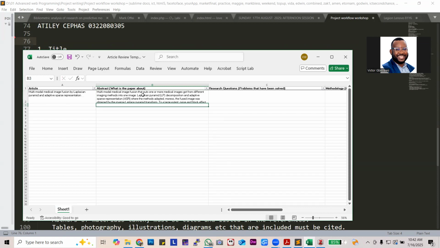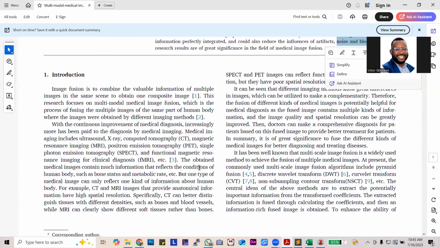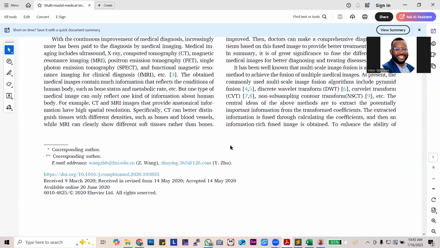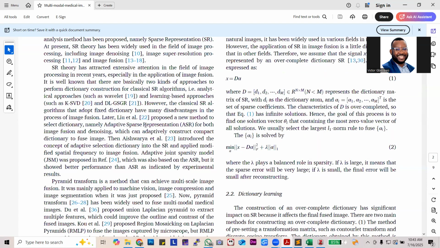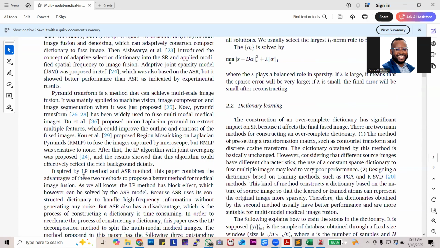I'm getting it. Then we come to the research questions. So in this work, we need to read. So these are the introduction. Introduction will not have the questions there. So let's go further. Okay, so inspired. So you see that at the end of the day, this research was inspired by the LP. So you see that they indicated it there.